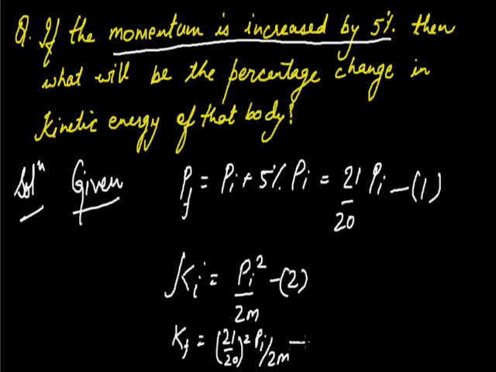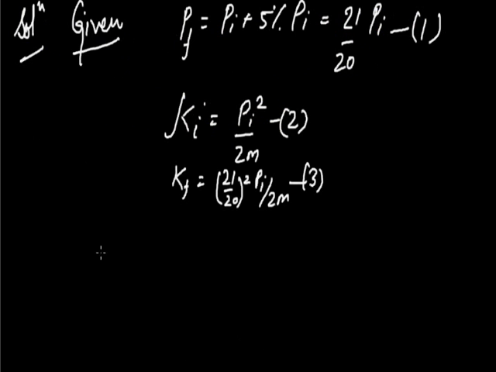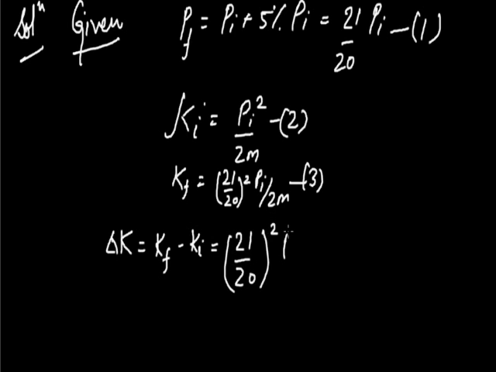This is equation 3. Now let's see what the change in kinetic energy is. The change in kinetic energy will be Kf minus Ki, equivalent to (21 by 20) whole square pi square upon 2m minus pi square upon 2m.